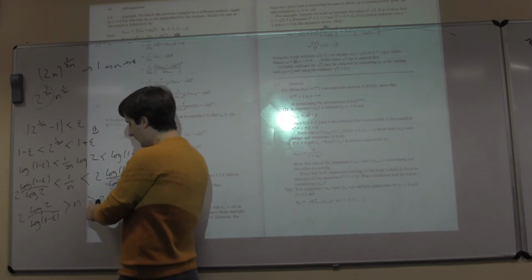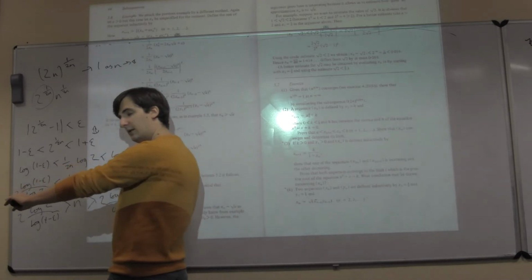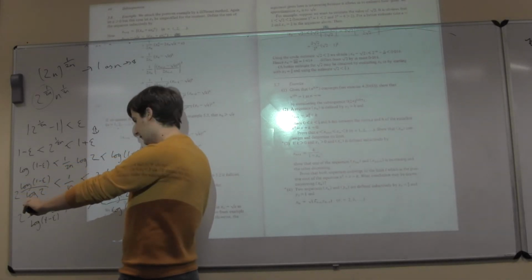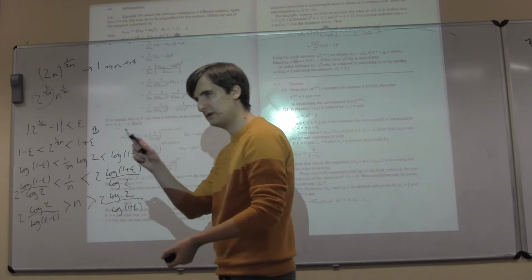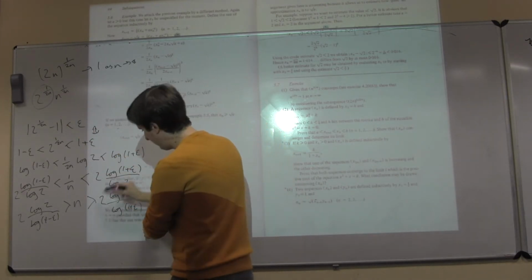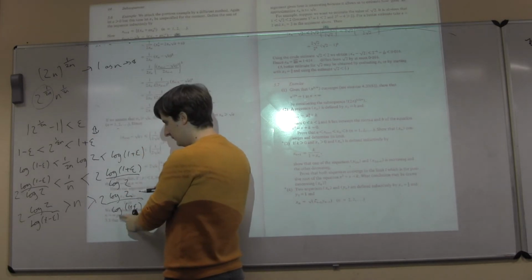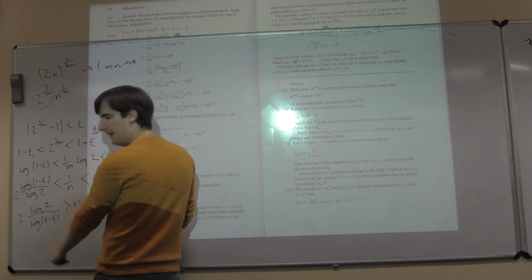We want to find a lower bound on n, right? We want n to be sufficiently large. Remember that the definition is that there has to be some point beyond which you're always close. So this looks like a lower bound. The problem is we also seem to have an upper bound.